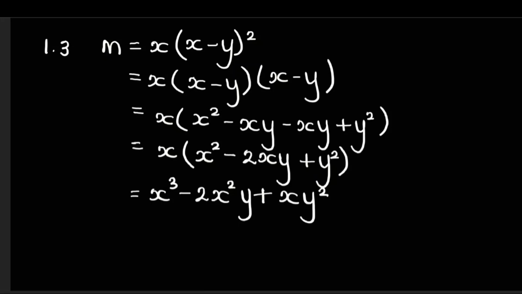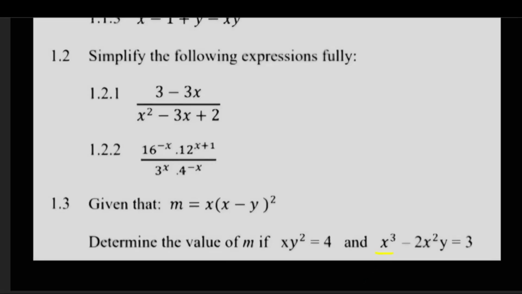Now here's something interesting that we notice. Based on the first two terms, x cubed minus 2x squared y, if we go back up to the question, we notice that the numerical value of that was already given to us. So we can replace those terms with just 3.